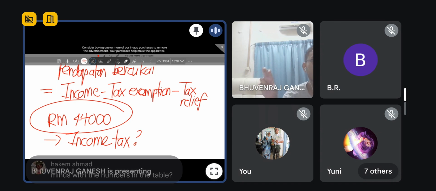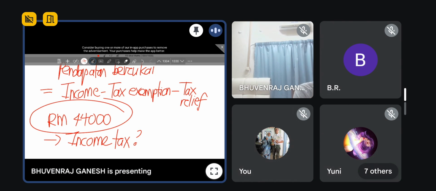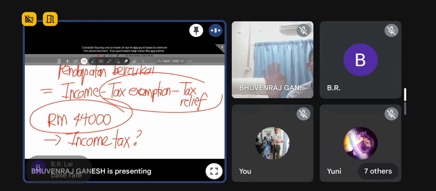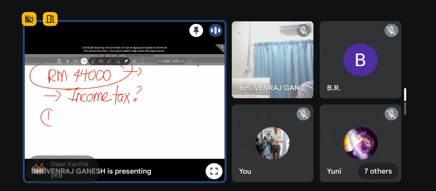When you get chargeable income, you must go to... yes, you're correct also. But let's say I minus all the values in the table already. Saya dah tolak semua. Correct. You find the base tax rate from your table. Okay, that's your first step. Cari cukai asas. Base tax rate from table.